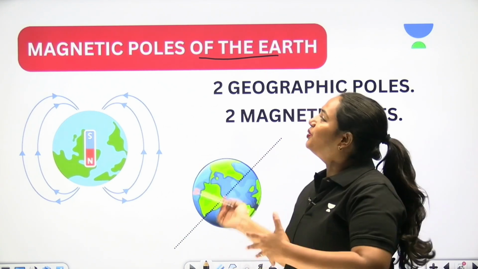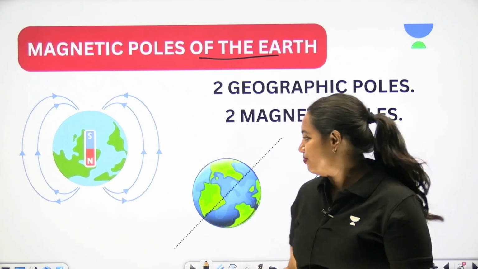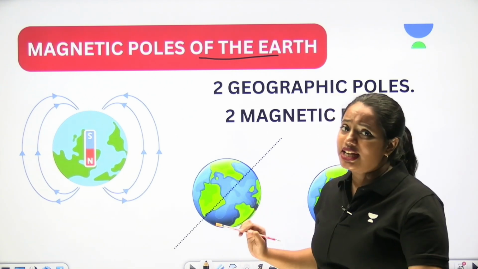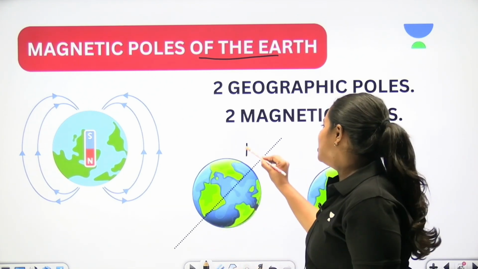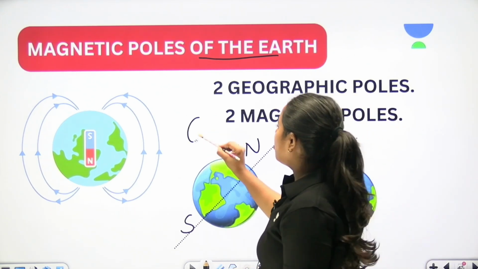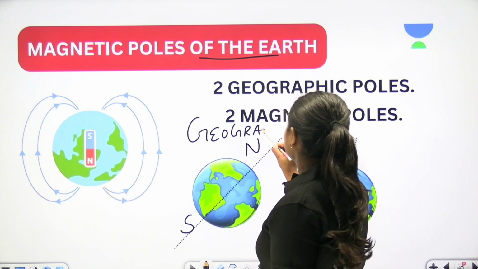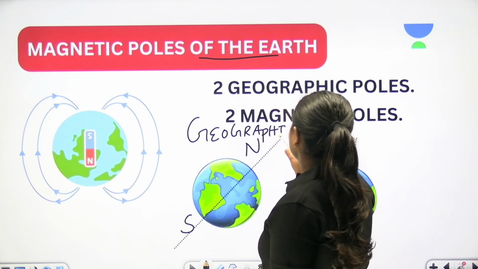So before getting into the magnetic poles of Earth, let me tell you the geographical poles of Earth. If you take Earth, it has geographical north and geographical south. Correct? So this is all about geographical north and south.